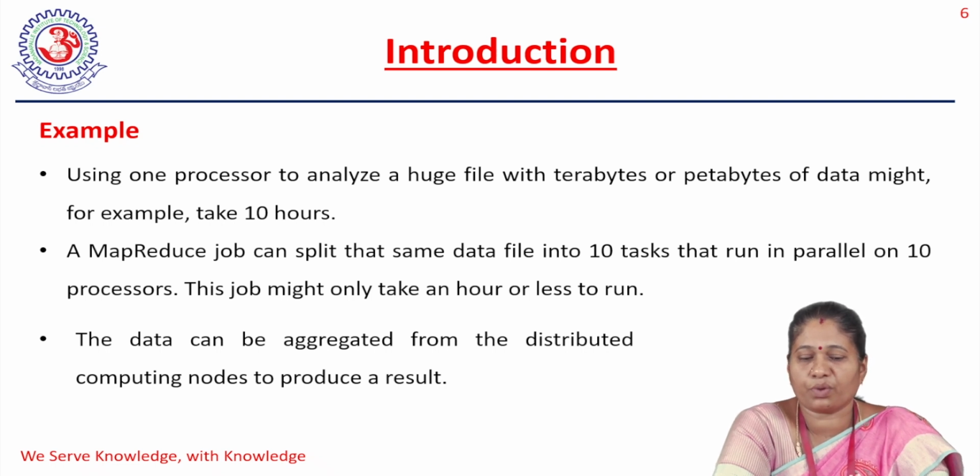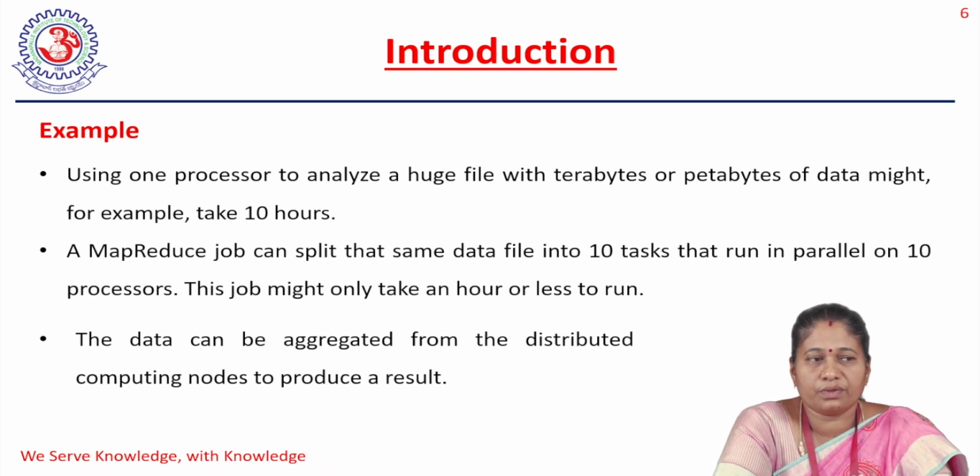Look at this example. We have one processor to analyze a huge file, which may be terabytes or petabytes of data. For example, that huge file takes 10 hours. Now we implement the MapReduce concept here.